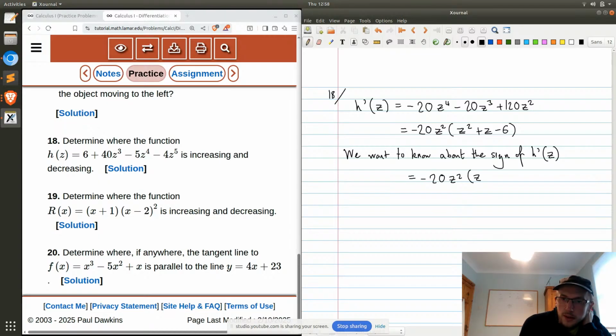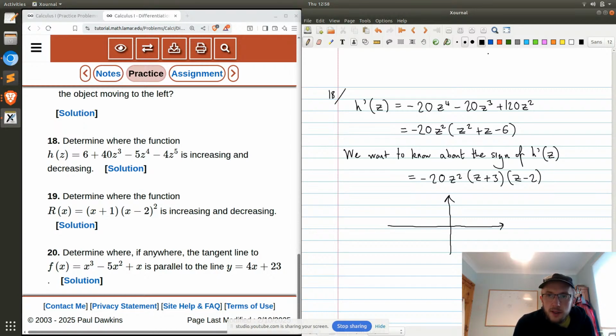So z add 3 and z minus 2. Okay, this is great. Because now we know that it has 3 roots. This one has a multiplicity of 2, so it's just going to touch it. And this quartic is going to look like this, isn't it? There.